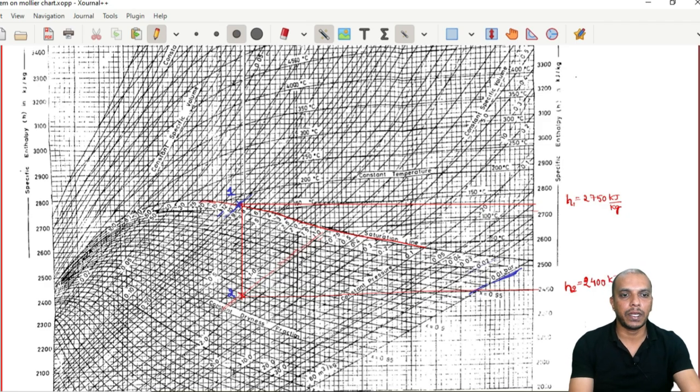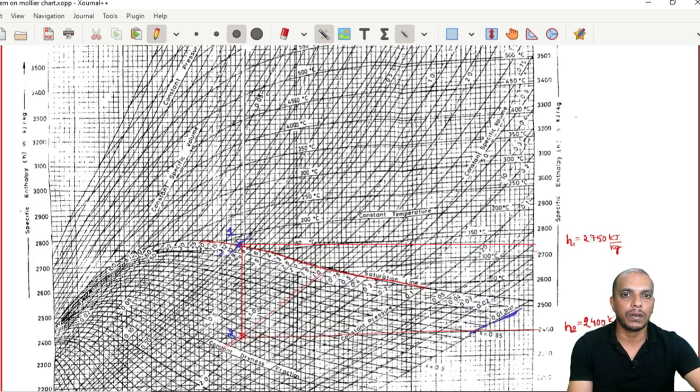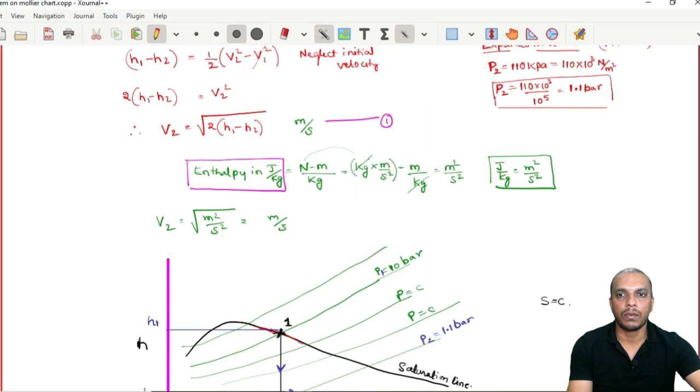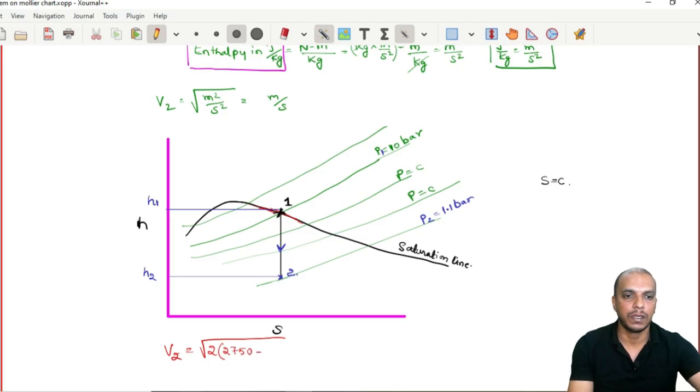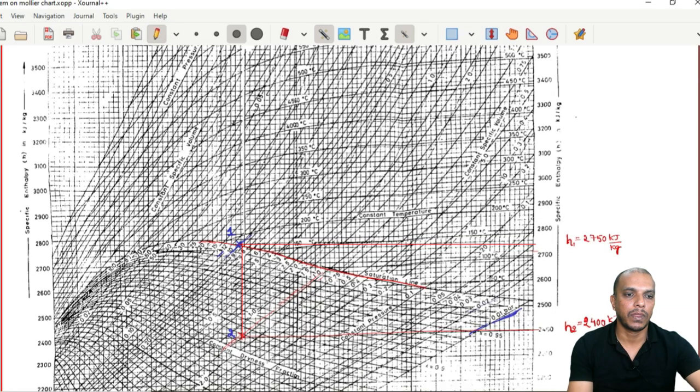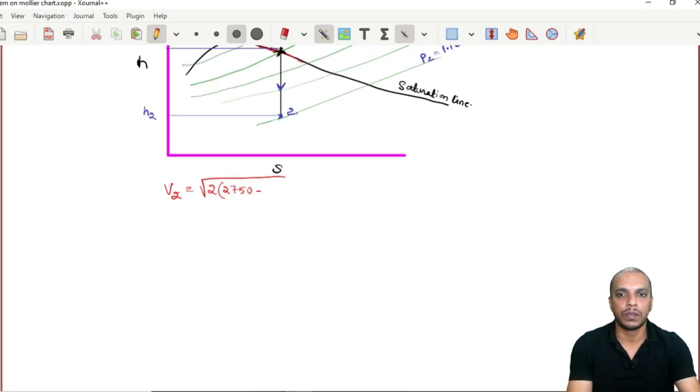So, we have 2750 and 2400 kilojoule per kg. Now, let us go back to equation 1. V2 is the square root of 2 into (2750 minus 2400). Remember, as we said, this has to be in joule per kg, so never forget to multiply by 10 power 3, then only we will get our unit in meter per second.